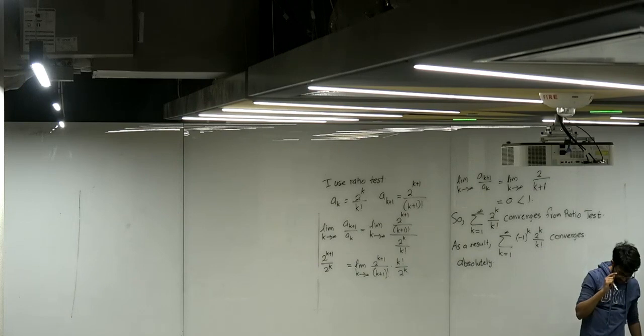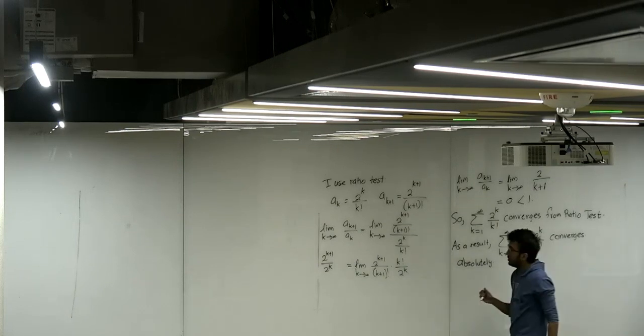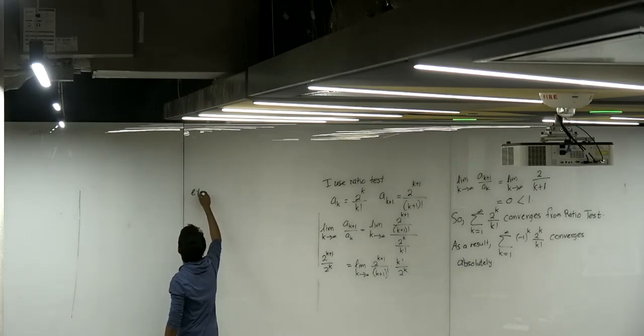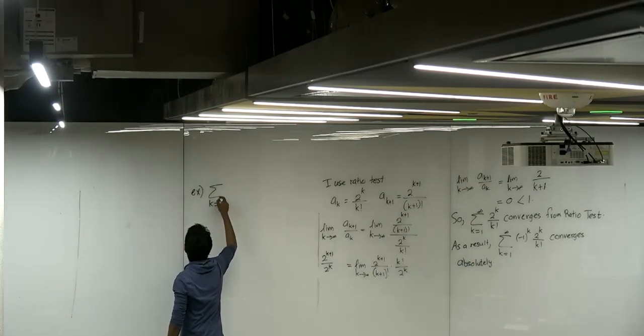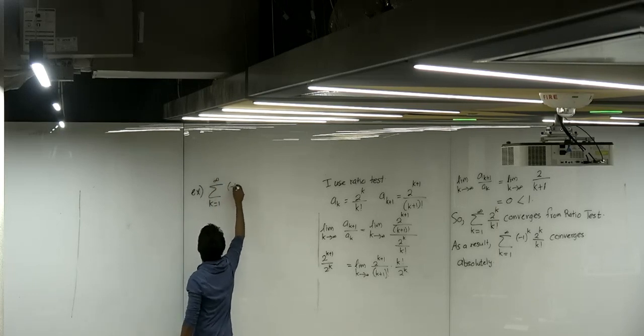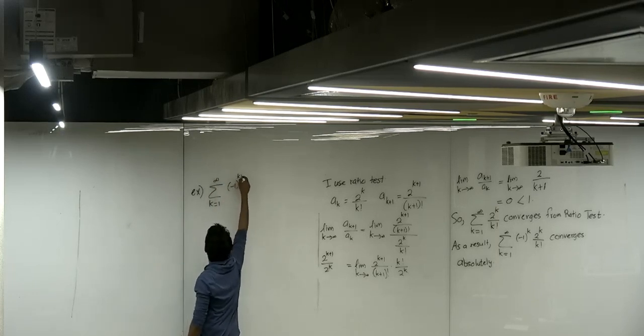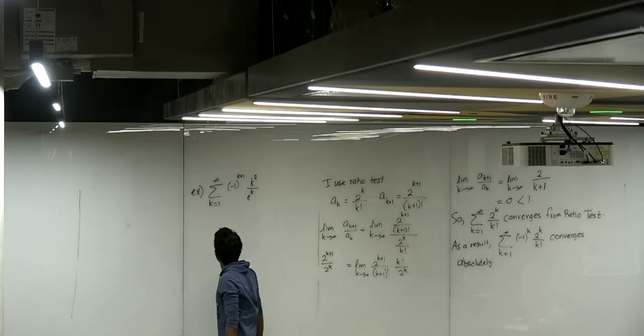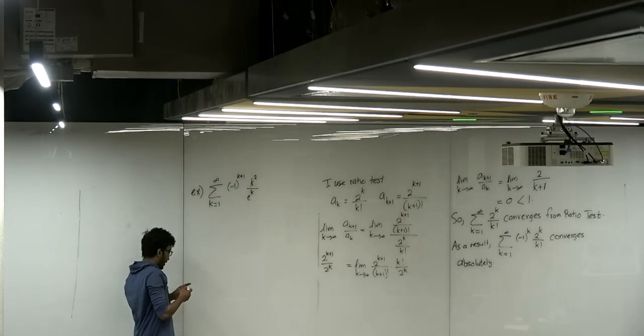Next example is the summation, k goes from 1 to infinity, of negative 1 to the power k plus 1 times e to the power 2 divided by e to the power. And you try to figure this out.